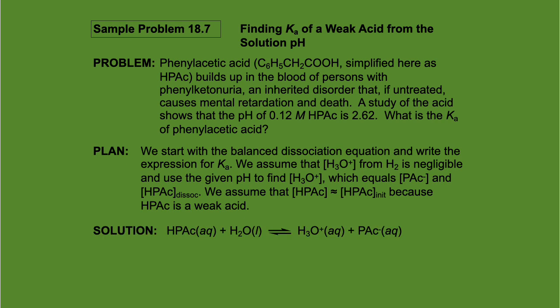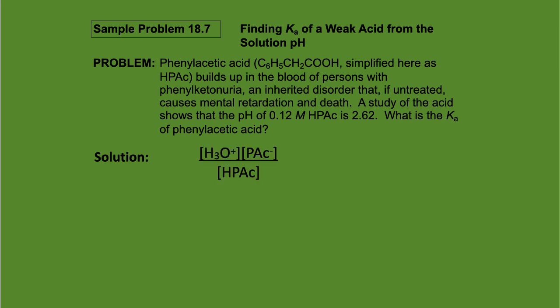Our chemical equation, if we include water in this, will be the phenylacetic acid in the aqueous phase reacting with our solute water to form H3O+, or in shorthand H+, either one is okay, plus the phenylacetate ion in the aqueous solution.